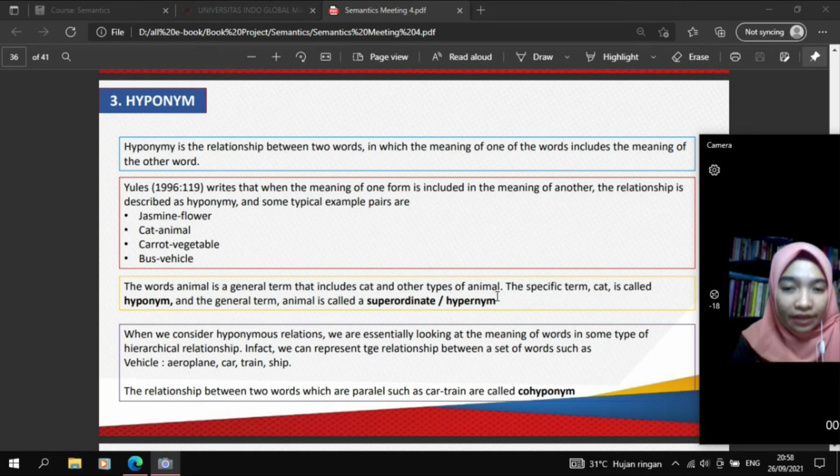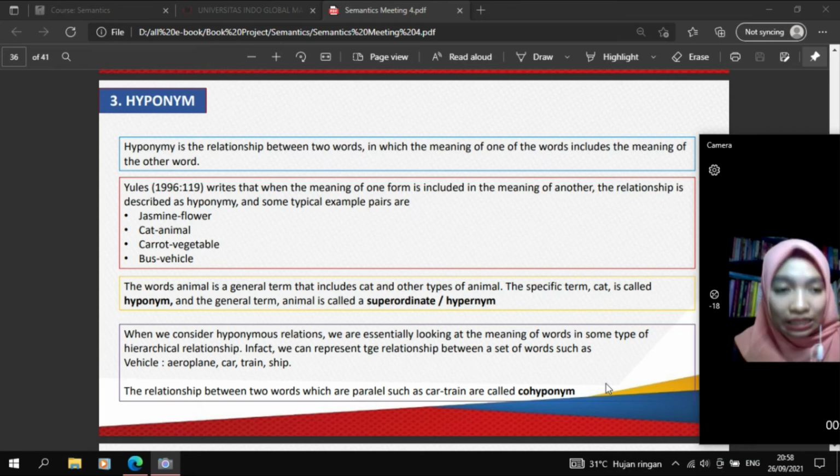Hypernym is just like the mother. The hyponym is the child, and then cohyponym is the sisterhood and brotherhood between the children. The relationship between hyponyms like bus, car, train, ship, airplane is called cohyponym.